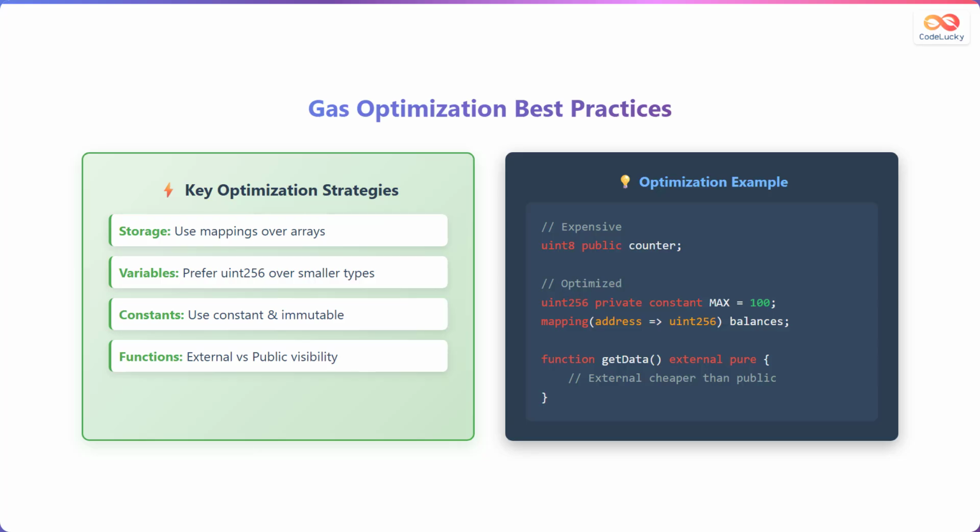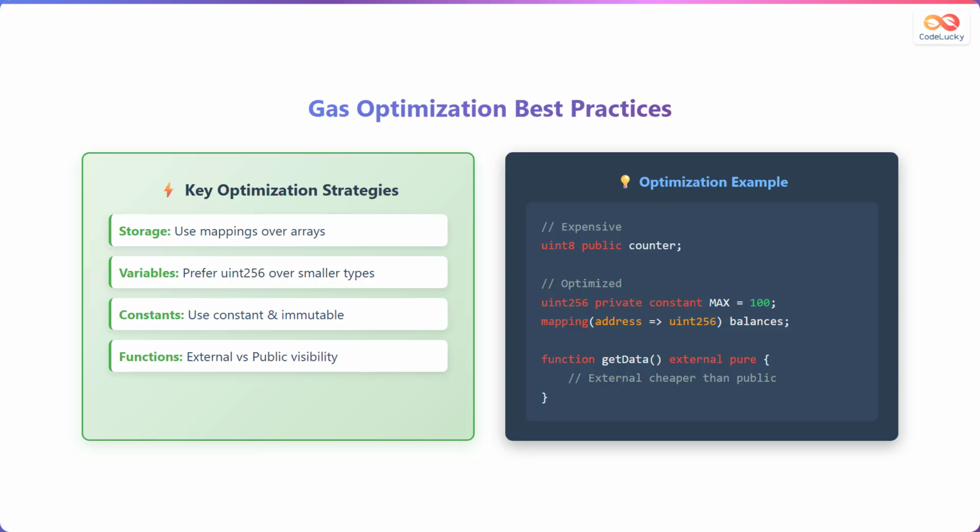Gas optimization is crucial for creating cost-effective smart contracts. Several strategies can significantly reduce gas consumption. For storage optimization, prefer mappings over arrays when possible, as mappings have more predictable gas costs. Use uint256 instead of smaller integer types like uint8 or uint16, because the Ethereum virtual machine processes 32-byte words most efficiently.